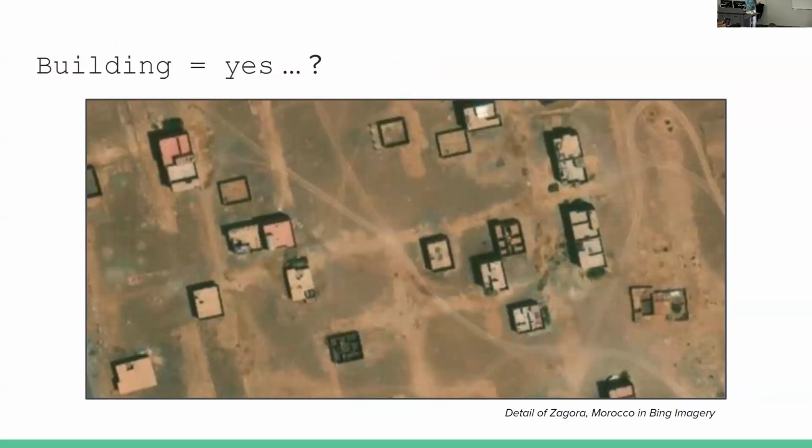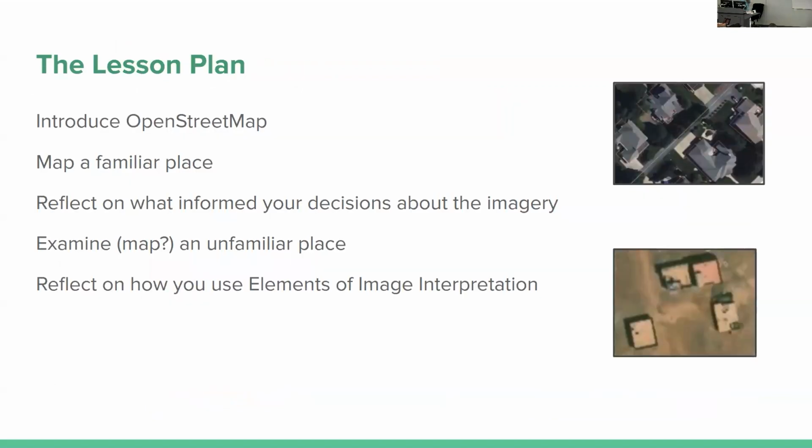So when you dive into some of these places, if it's a place that's unfamiliar to you, you might not have as good of a plan for doing it as if you're mapping your hometown.